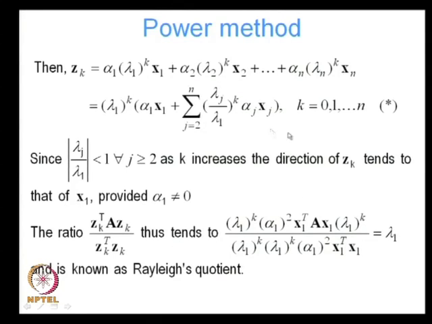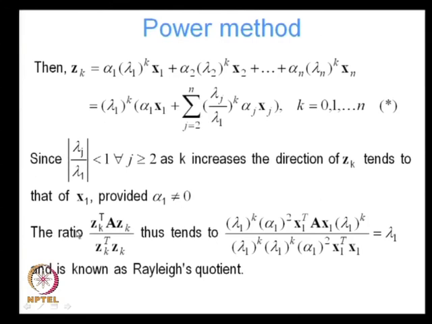We can see that as k increases, the direction of z_k tends to that of my first eigenvector, which is x1, provided of course this coefficient alpha 1 is not equal to 0, right.